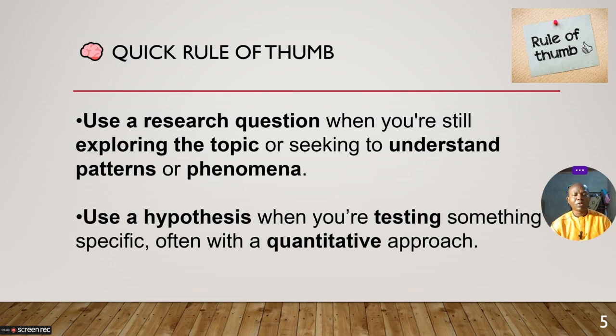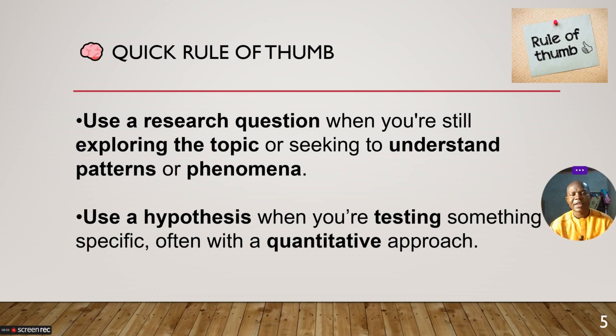So by way of rule of thumb, we use research questions when we are exploring topics or seeking to understand patterns or phenomena, while on the other hand, we use research hypothesis when we are testing something specific, often with a quantitative approach. Of course, with a qualitative approach, we can still use research hypothesis.